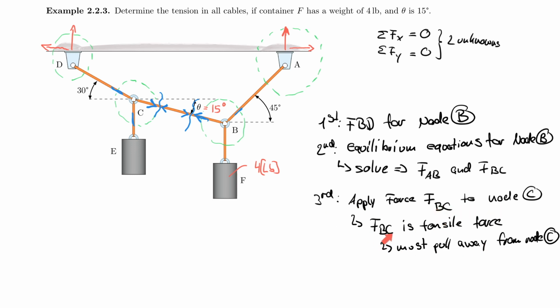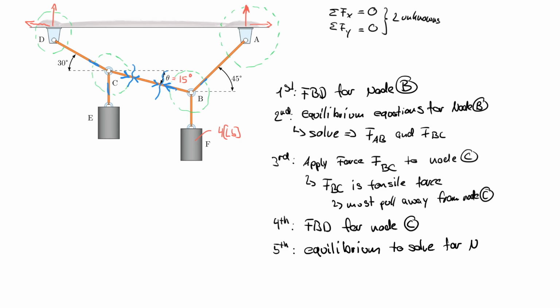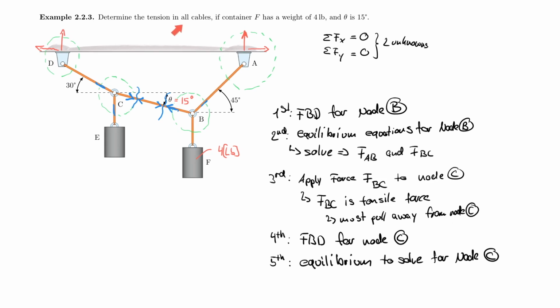So once you did that, you can now apply this force. And so in my fourth step, I can now draw the free body diagram for node C. And then the fifth step is to use equilibrium to solve for node C. And once you have that, you can really answer the entire problem where it says find all the cable forces in the system.